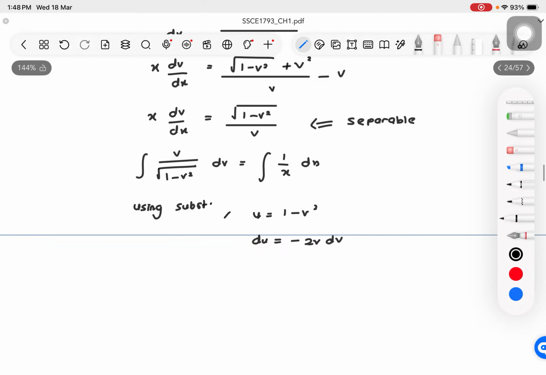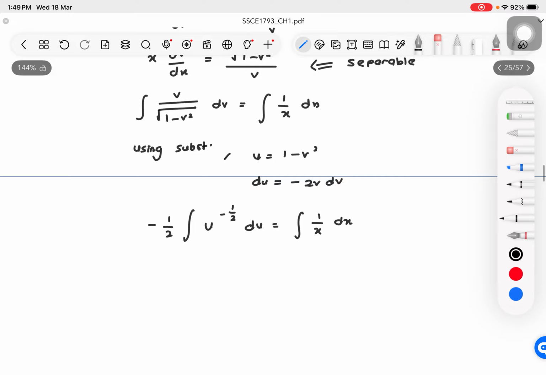So we substitute inside. Alright, so you integrate this one. This one becomes ln x plus c.